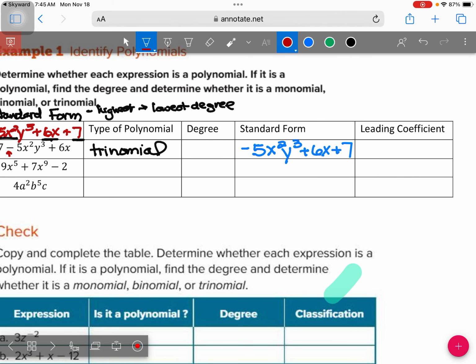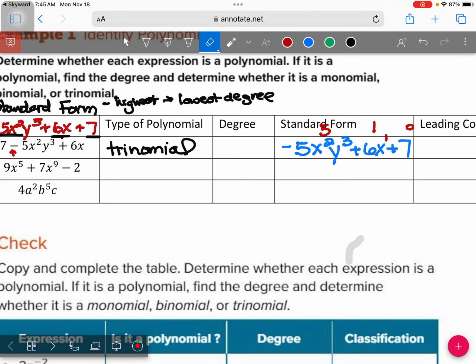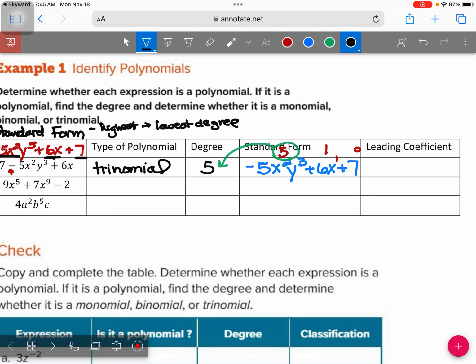Okay? So if I look at the sum here, I've got a 2 and a 3, that gives me a sum of 5. Here I have just a 1, and here I have 0. So that means the degree of this whole trinomial is the largest one, which is 5. Okay, so only the largest one is going to go in there. That is the degree of that polynomial.